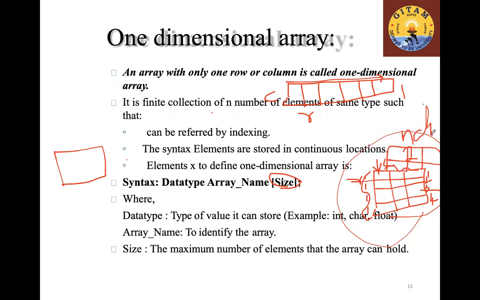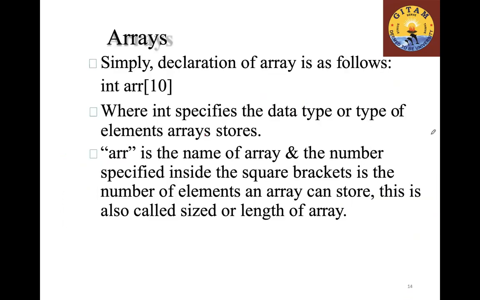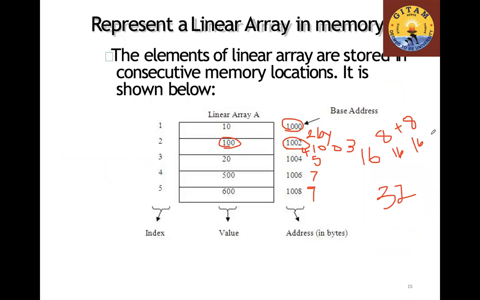Now let's go for one-dimensional array creation in our C programming. And before that, I want to help you understand that each element in an array has its own address. See how the addresses are arranged? 0, 2, 4, 6, 8.